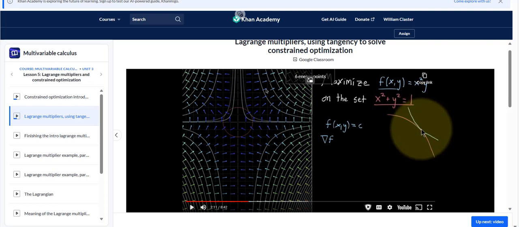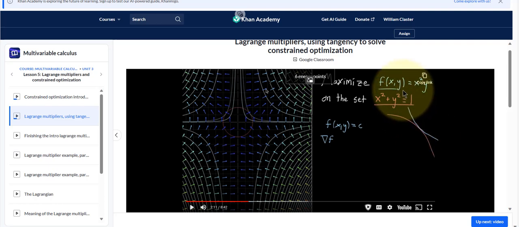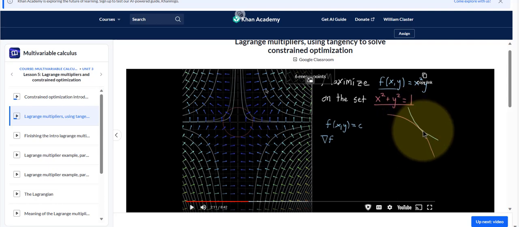And then for this blue line, I can do the same thing. Here's a tangent, normal, or maybe normal would go this way, but it doesn't really matter. It's just perpendicular is what we want. And another tangent line here, normal in this direction or in this direction. And right here, same thing.